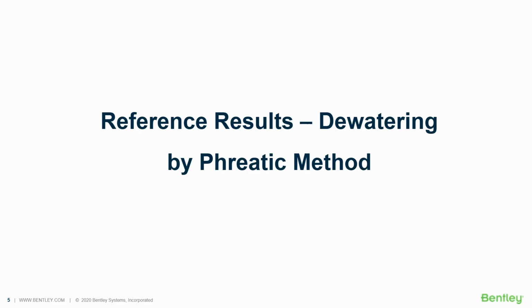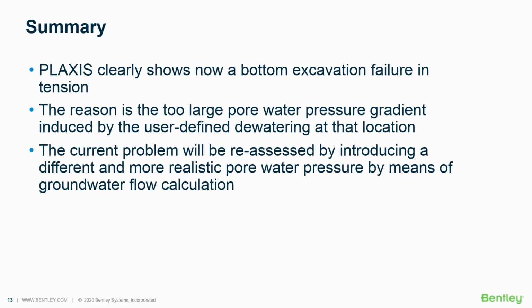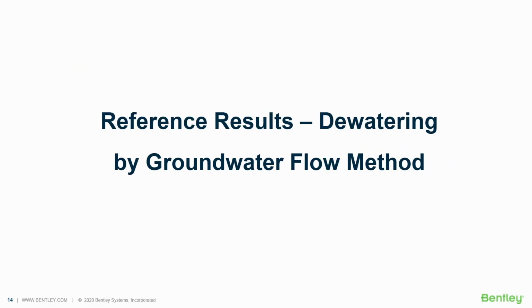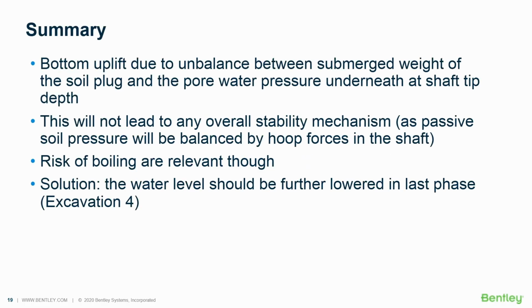A few concluding remarks. We have been going through two different methods. The first one is the dewatering one using phreatic level. So we have clearly seen here a bottom lift due to the imbalance between the submerged weight of the soil plug and the pore water pressure underneath at shaft tip depth.